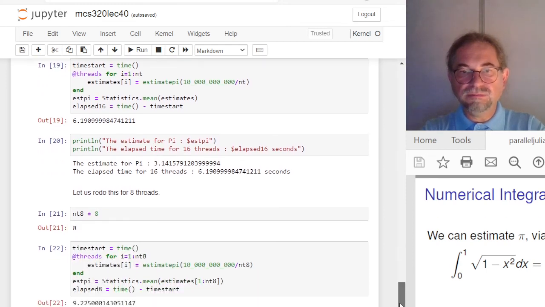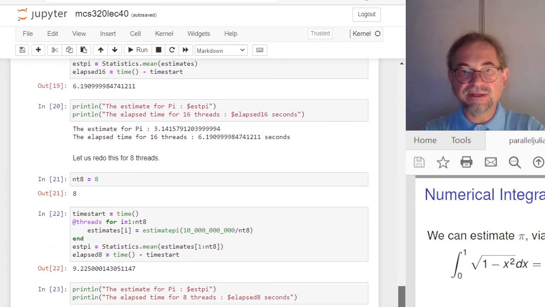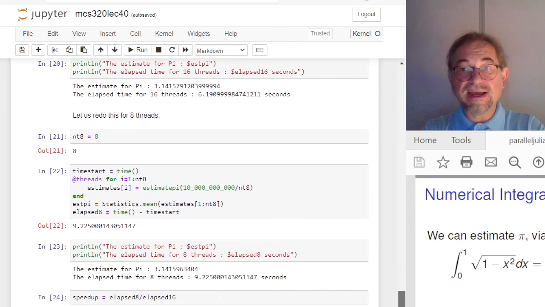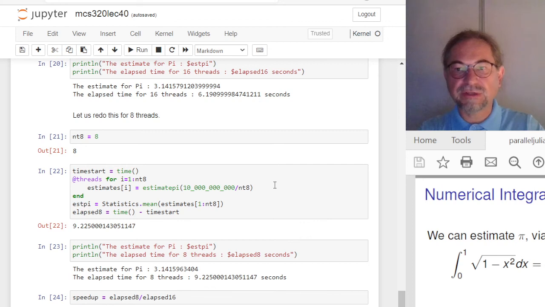Okay, let us redo this calculation now for 8 threads. So I copy and paste the execution blocks. I did not redo the initialization, which is fine because the functions just assign. The initialization to zeros did not need to happen again.